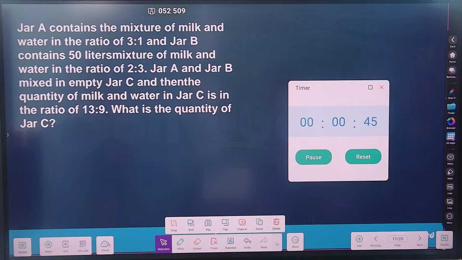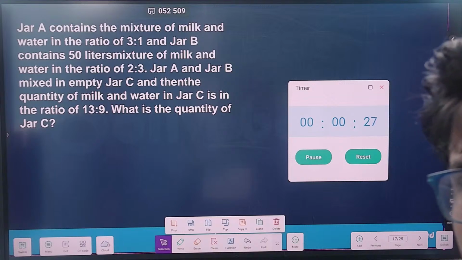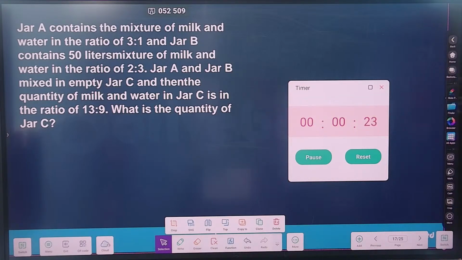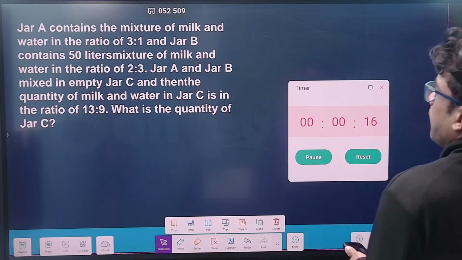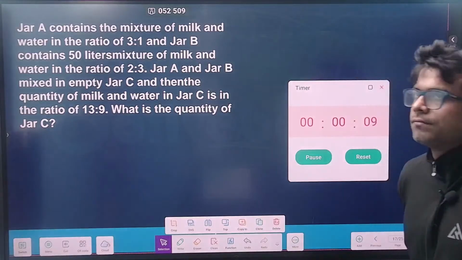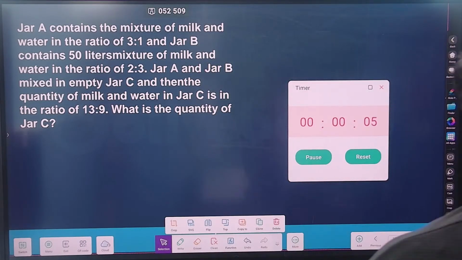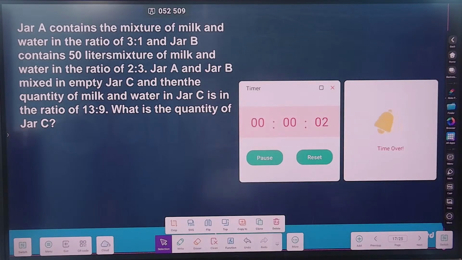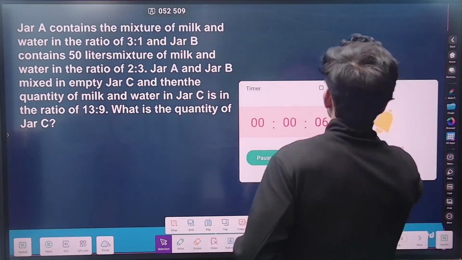Can you answer me this? So I think you will solve this on your own.